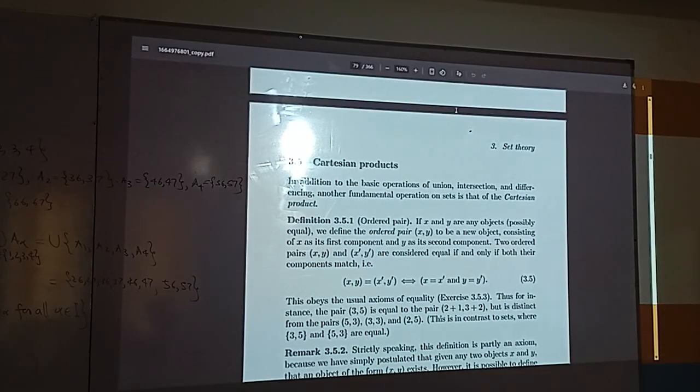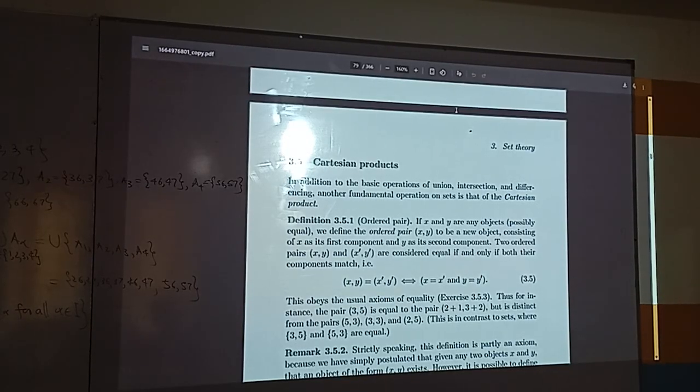This obeys the usual axioms of equality. Thus for instance, the pair (3, 5) is equal to the pair (2 plus 1, 3 plus 2), but it is distinct from the pairs (5, 3), (3, 3) and (2, 5).